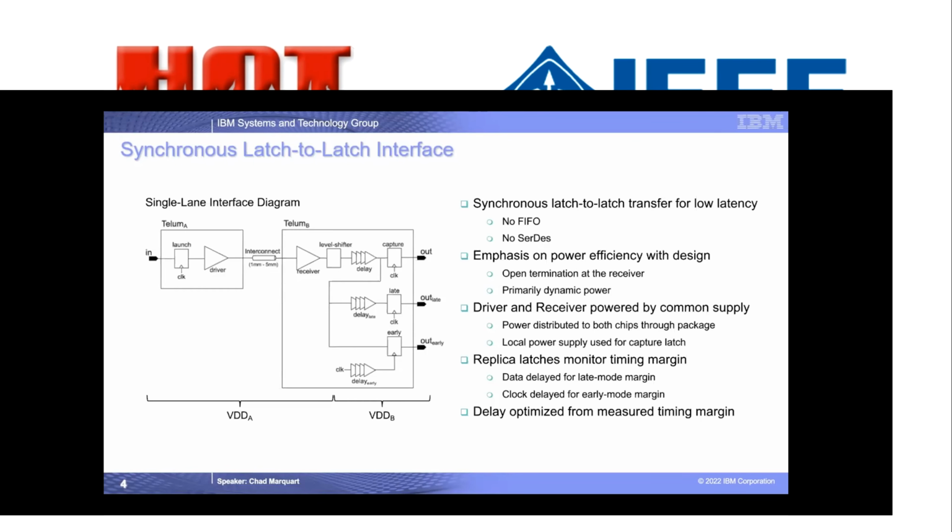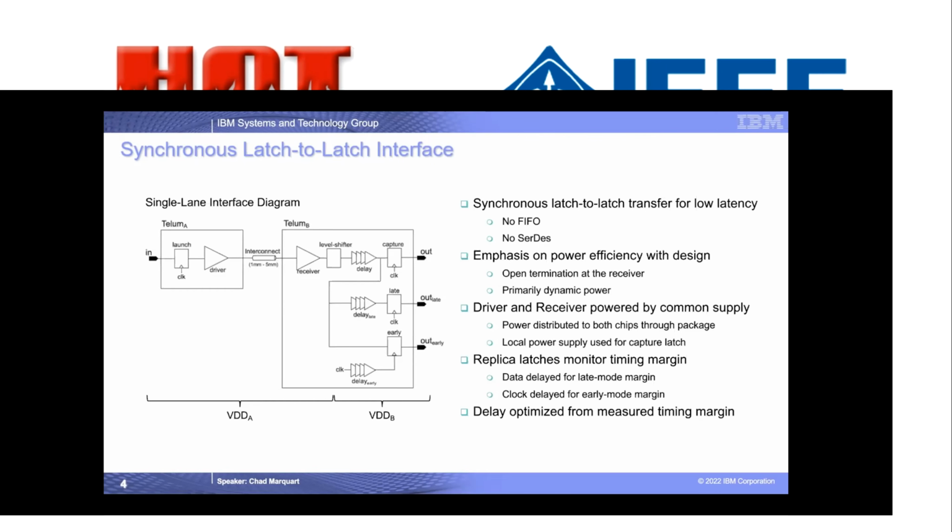Once the signal has been amplified by the receiver, it does get level shifted to the local power supply of the Telum B chip, signified by VDDB. And from there on, everything downstream is powered by the same VDDB supply that all the rest of the digital logic is powered by.